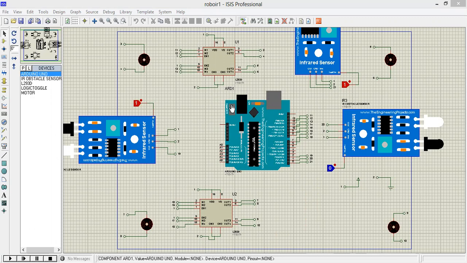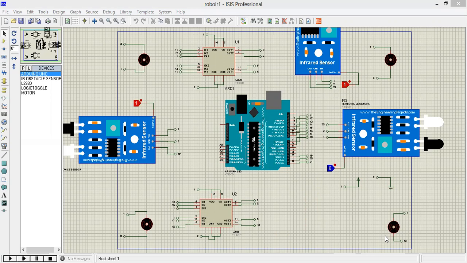Then I have the Arduino controller, which is the heart of the robot. Next, I have two driver circuits, one for the front two motors and another for the back two motors. Each driver circuit is used to control its two motors.